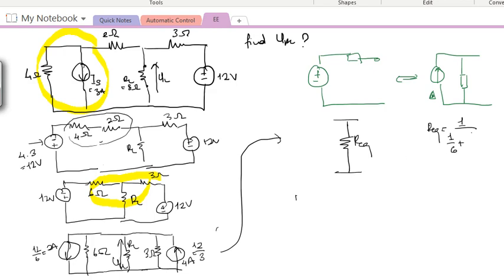The second resistance is 1 over 3. And the third resistance is RL. So it's 1 over 6 plus 1 over 3 plus 1 over RL. And RL is 8, so it's 1 over 8. So that is the value of R equivalent.